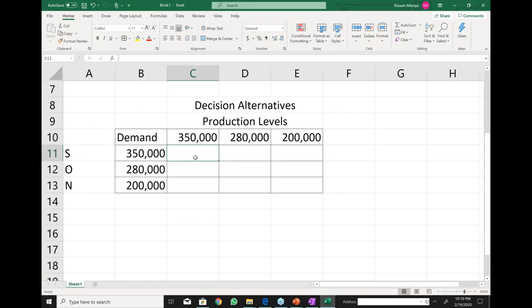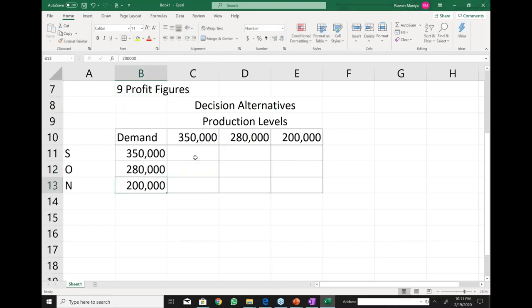So these are 9 possibilities, 9 profit figures you need to work out. So let's work out 9 profit figures. Okay, so let's do the calculation one by one.